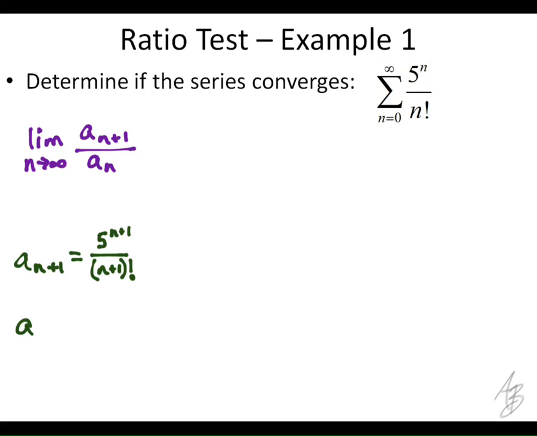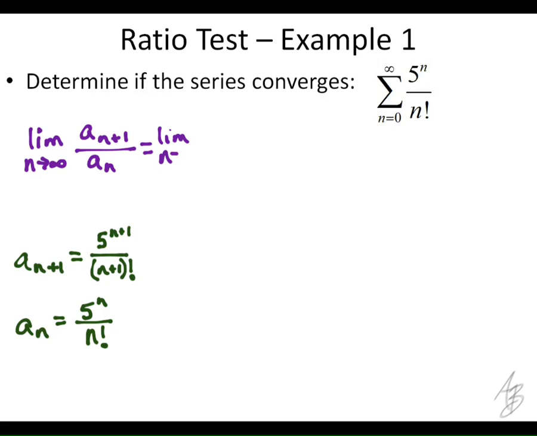And the nth term is going to be what? That's easy. That's just this right here. 5 to the n over n factorial.